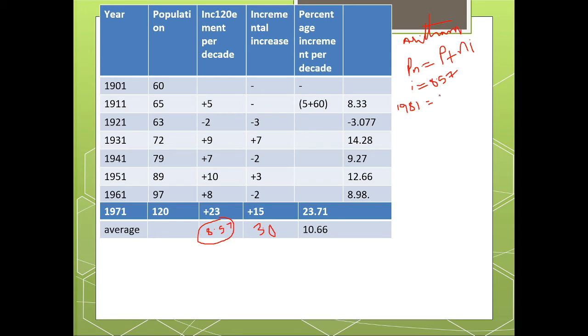The previous population, 1970 population is 120, plus number of decades 1 into 8.57. Then you will get population in 1981: 128.57.